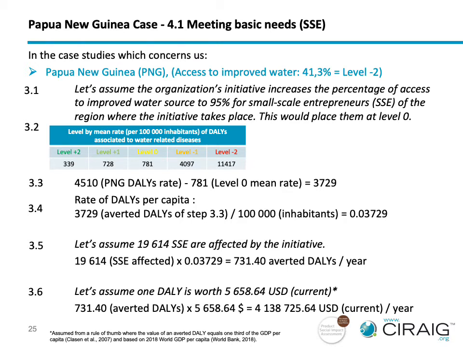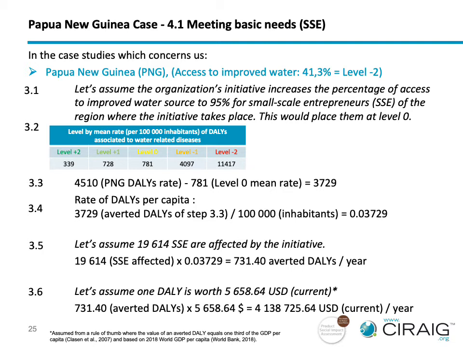The mean of level 0 associated to the countries in our dataset was 781 DALYs. The actual DALYs for Papua New Guinea was 4,510.